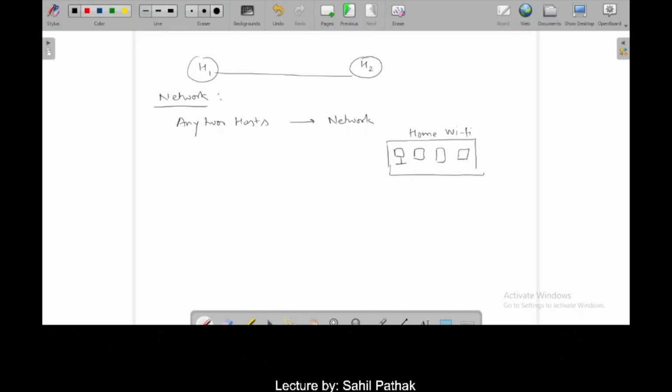Let's say all of these devices are performing almost similar tasks: every device is checking email, looking for some website to open. So this logical grouping is made for the network, and we call it the home Wi-Fi.